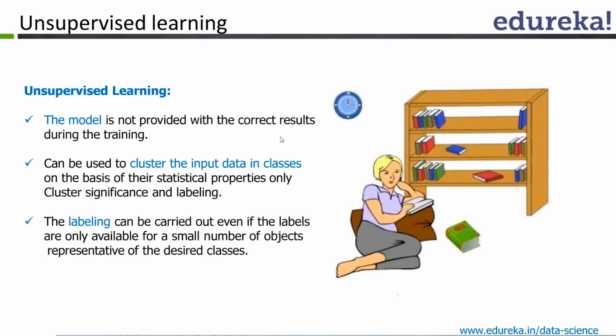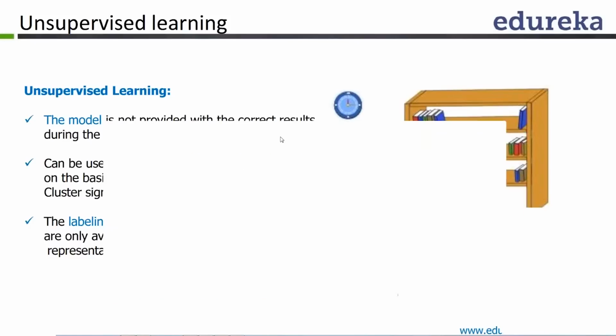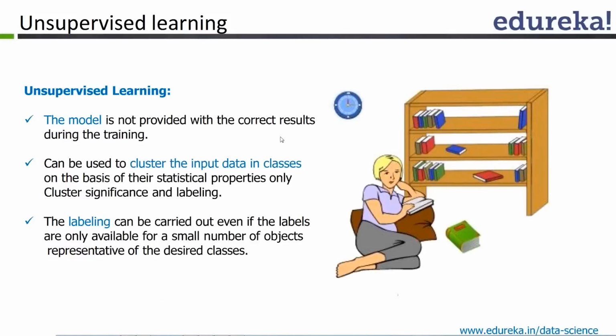In one case, along with the images, you are also telling which image is a face and which image is a non-face. That is supervised learning or classification. In the other case, you're just giving a bunch of images, that's all. The algorithm will try to group certain images into one cluster and other images into another cluster, and hopefully one cluster signifies faces and the other cluster signifies non-faces, but the user does not say that this image is a face and this image is not a face. So that's the difference.